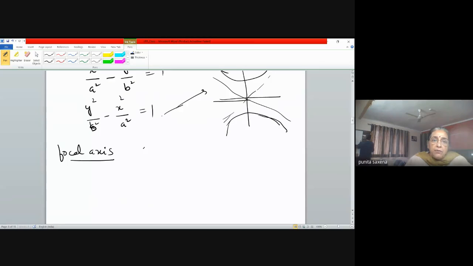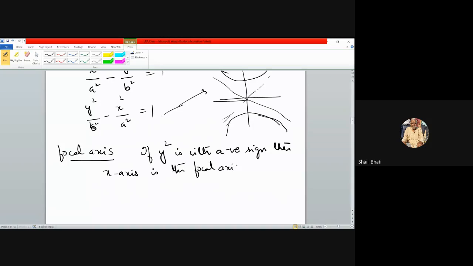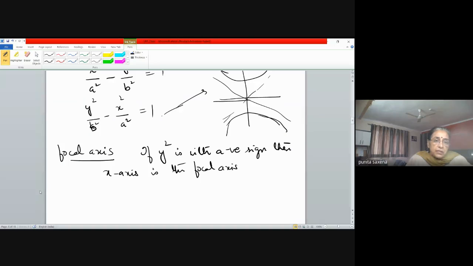So if the term containing y square is with a negative sign, then x-axis is the focal axis. यही होता है ना? Yes, ma'am. Right? And if x square is with the negative sign, then y-axis is the focal axis.